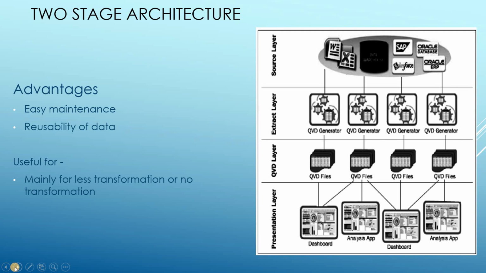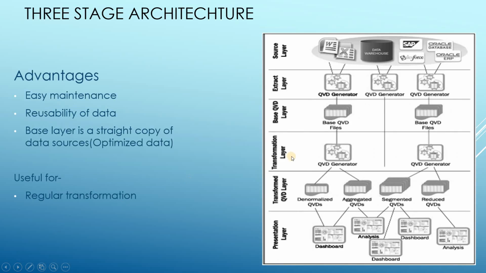Now we'll move to the three-stage architecture. In a three-stage architecture, you can see two more layers have been added: the transformation layer and the transformation QVD layer. The source layer is exactly as it is, and the extraction layer is as it is.